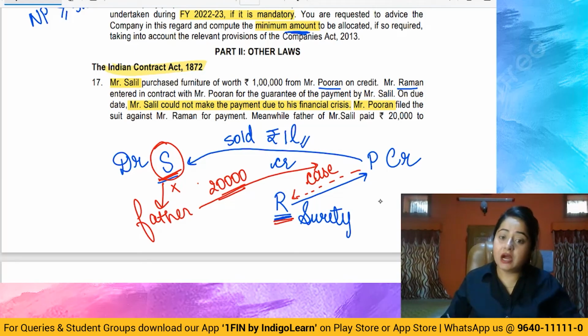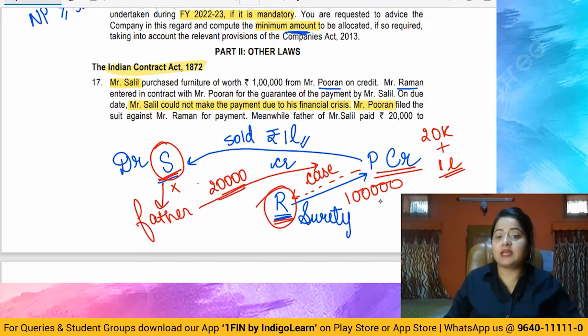So later on, Mr. Raman also pays 1 lakh rupees entirely to Mr. Puran. So Mr. Puran has received 20,000 rupees from the father plus 1 lakh rupees from the surety, Mr. Raman. Later on, Mr. Raman finds out that 20,000 rupees was already paid to Mr. Puran. So he asked Mr. Puran to refund 20,000 rupees. Mr. Puran says, no, I am not going to give. So you have to explain whether the surety can claim 20,000 rupees back or not.